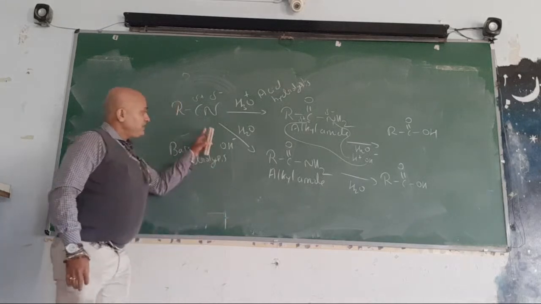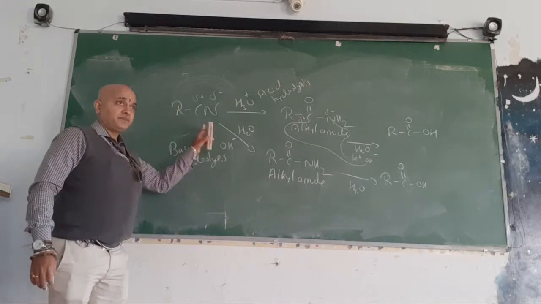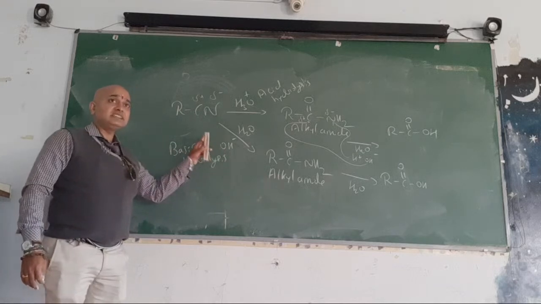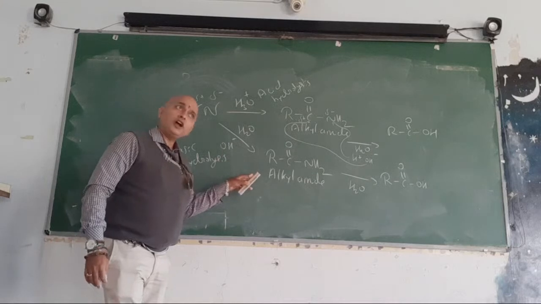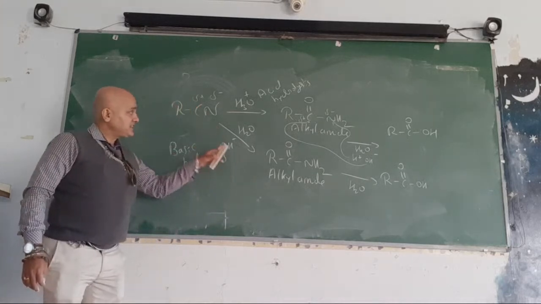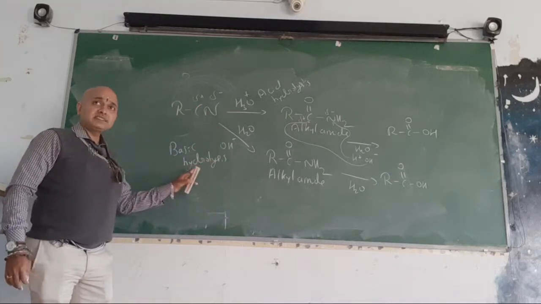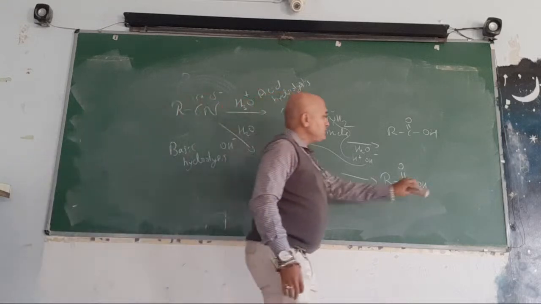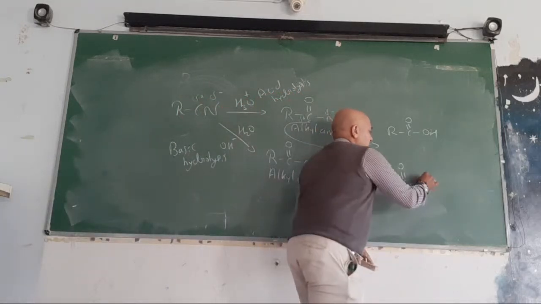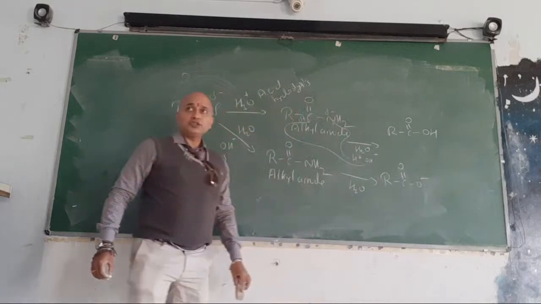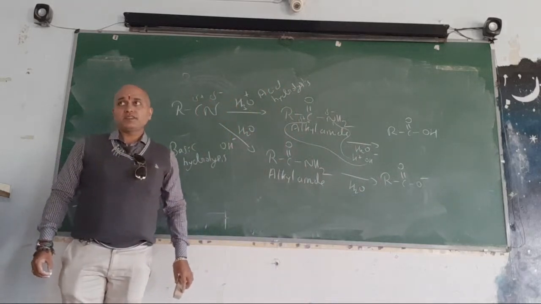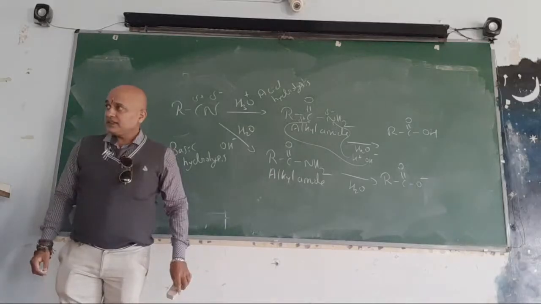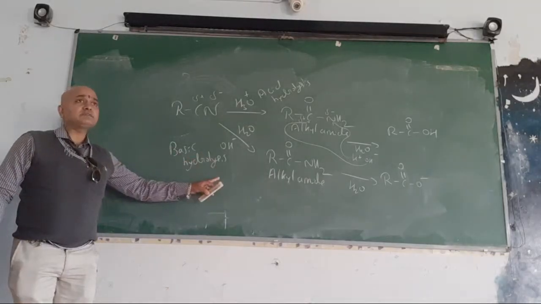Now, if I take the second one, since this reaction is carried out under basic condition, we can show this one as carboxylate form. Am I clear? Basic hydrolysis means what?